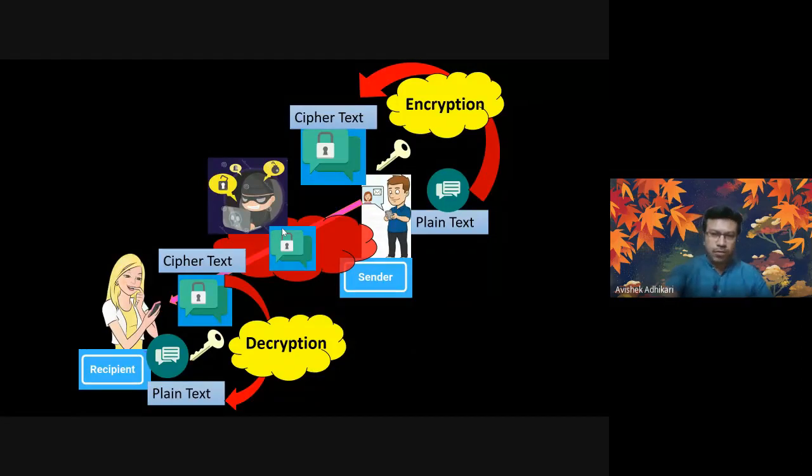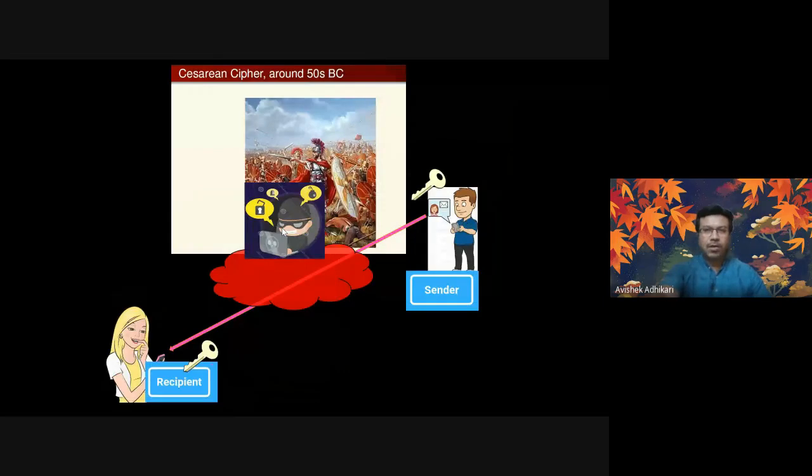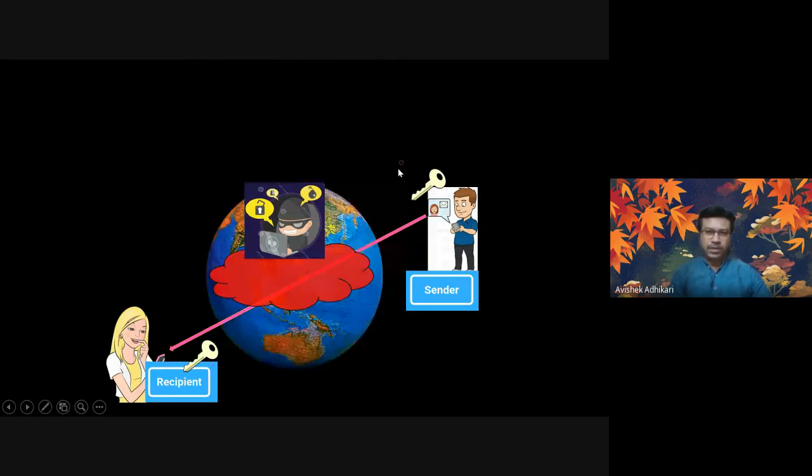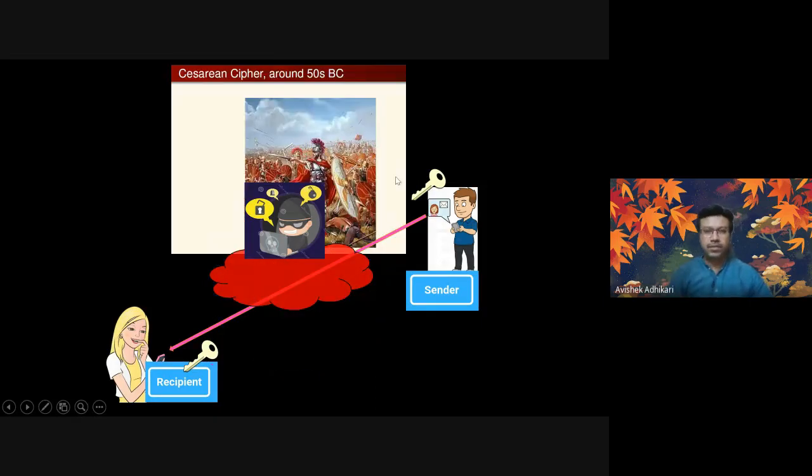If you go a little back in our last class, we already mentioned how private key crypto system works. For example, one of the oldest private key crypto systems was by Julius Caesar. This is known as Caesar cipher. The problem here is, if Julius Caesar wants to send some message to one of his subordinates, then both of them should carry the same key.